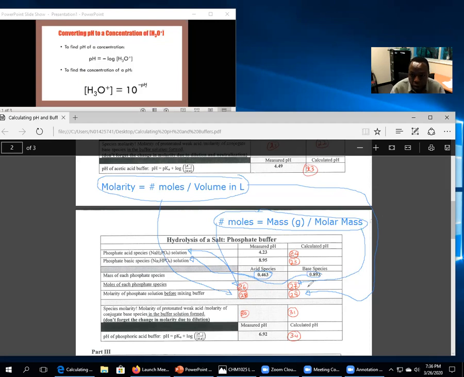What is the total volume? Not total volume, we haven't mixed yet. What are we given? You should read there and tell me what the volume is. Read the directions, all right? It should be somewhere in the middle. I'm going to read that. Add this mass to dry and 50.